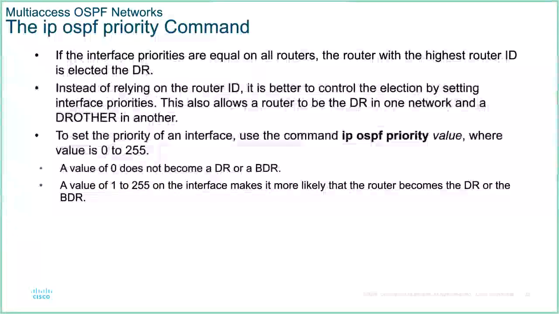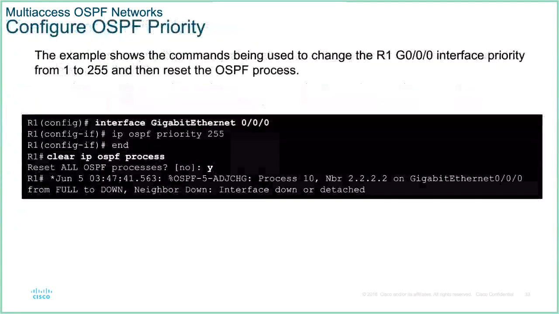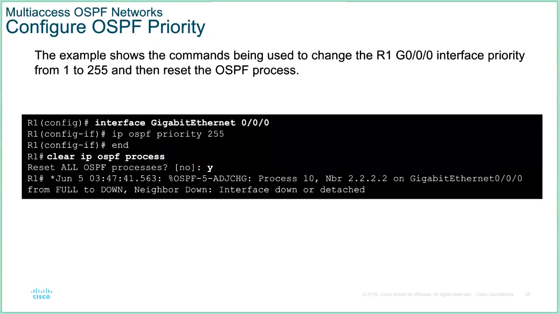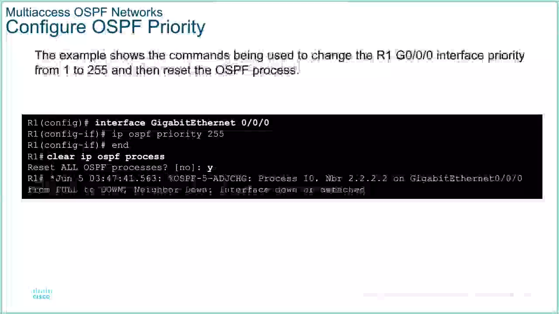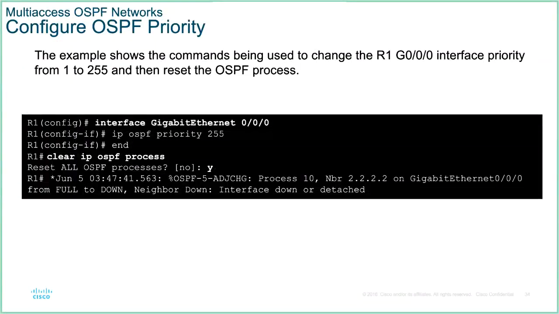This will influence this device's participation in the next election. So this is how we would do it. We want router 1 to become the boss, the designated router, so we change the priority to 255 and restart the process.